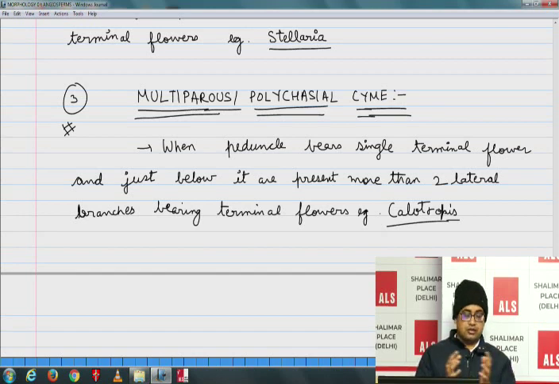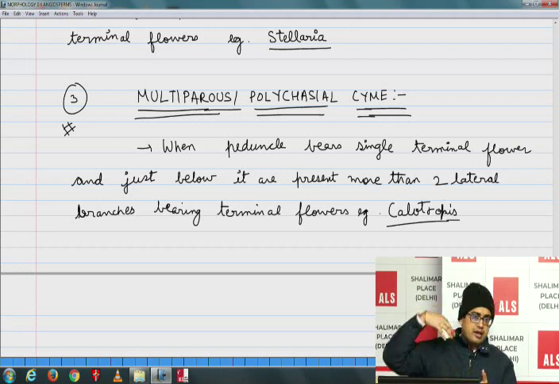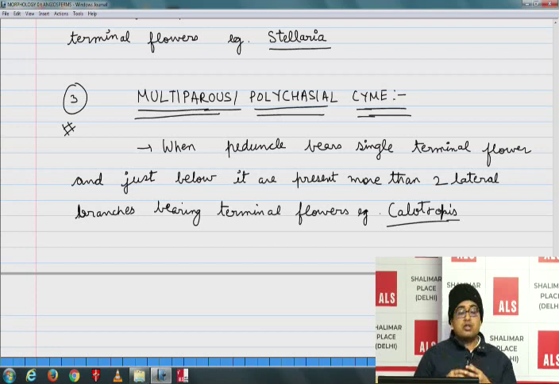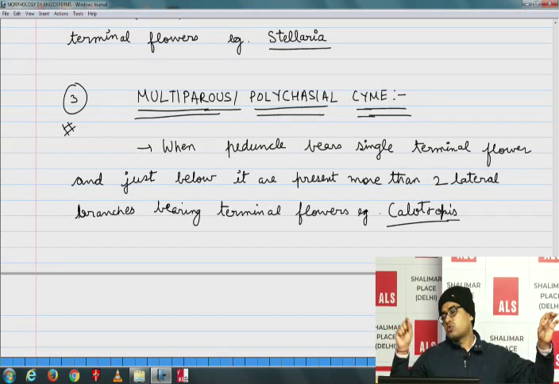So let us do a quick revision of what we did yesterday. Yesterday we were talking about the kinds of inflorescences. By kinds of inflorescence, I mean the different types of arrangement of flowers present in the plants. Basically there are two broad categories: one is called racemose, the other is called cymose.